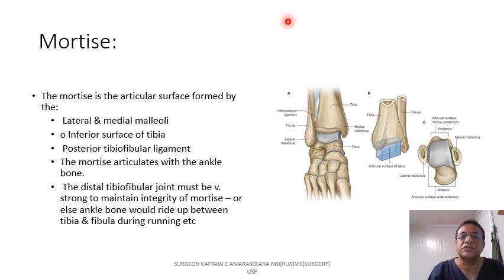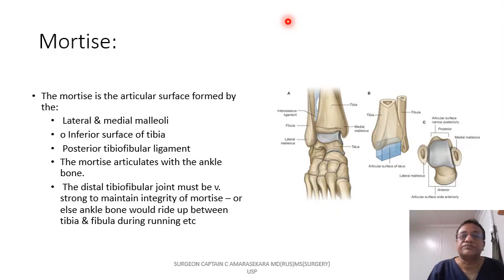High ankle sprains involve disruption of the distal tibiofibular syndesmosis. So this may compromise the mortise. Whenever there is a high ankle sprain or high ankle injury, you should keep this in your mind. In radiotherapy planning, precise mapping of the mortise is essential to avoid collateral damage to the joint.